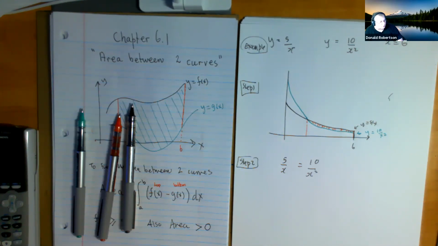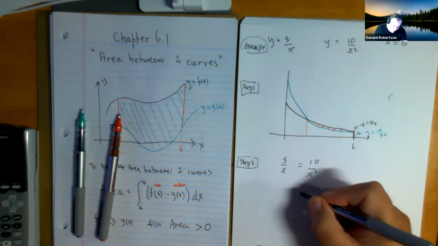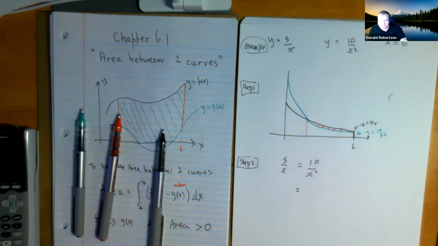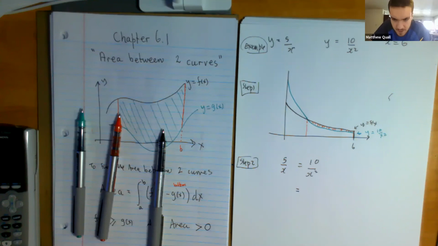Any suggestions for what the next line of working would look like? Maybe like take the reciprocals. That might be true. I'm just not sure what you mean by that. You could, I mean, right. It is like x over 5 is equal to x squared over 10.